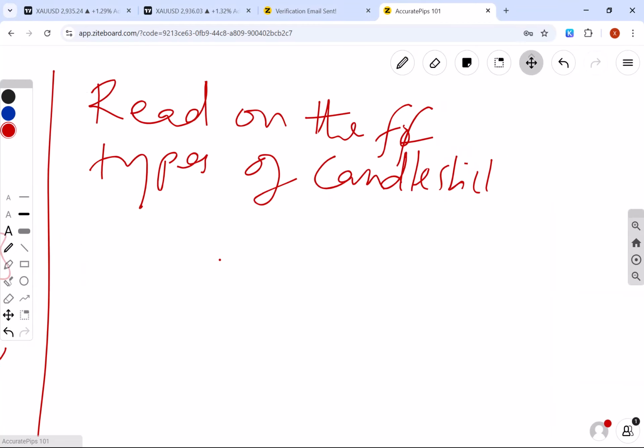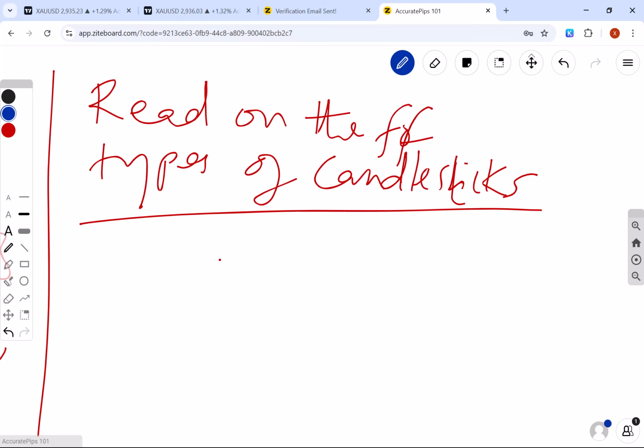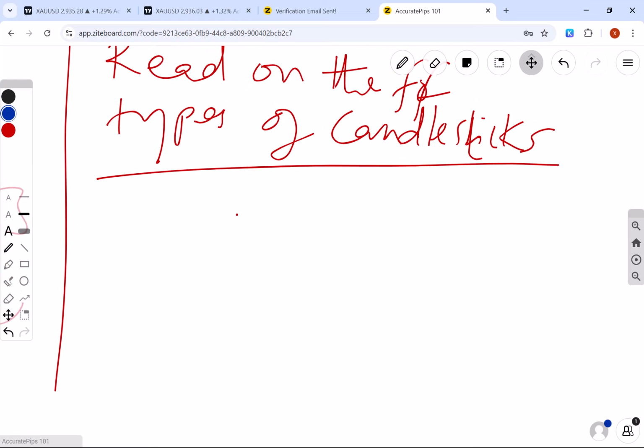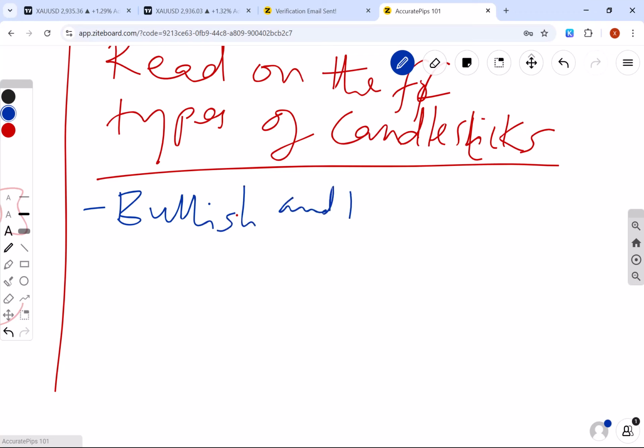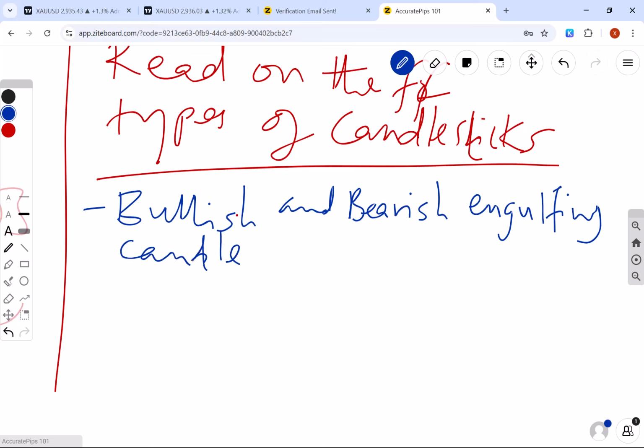One, read about the bullish and bearish engulfing candle. It's very, very important. You'll be needing it.